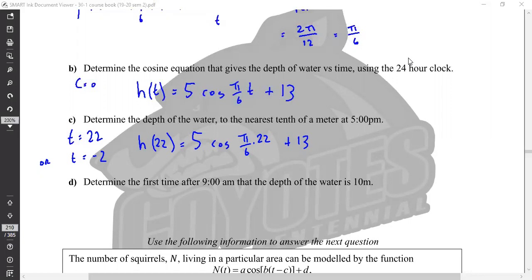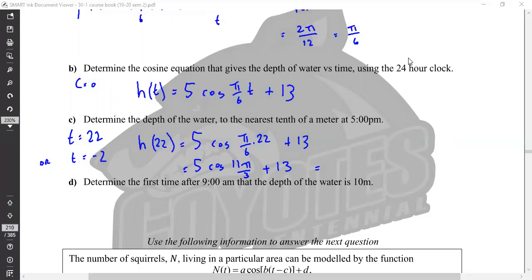When we push this into our calculator, make sure that your calculator is in radians. And so in radians, what do we have? We have 5 cosine of 11 pi over 3 plus 13.